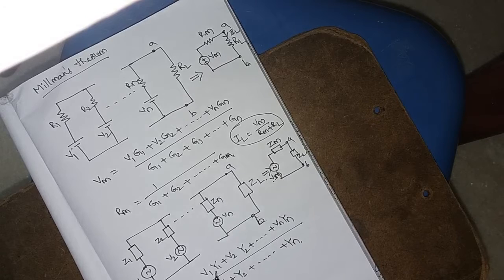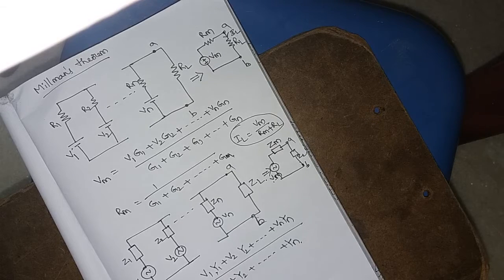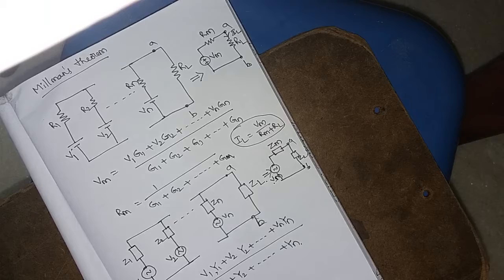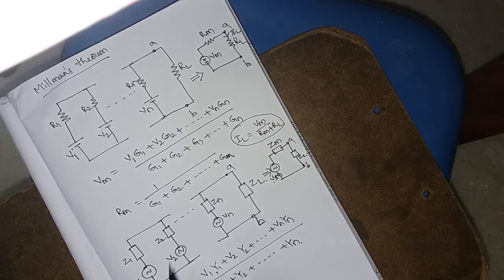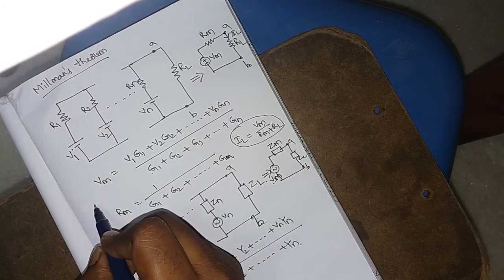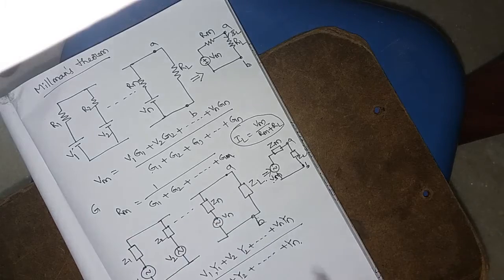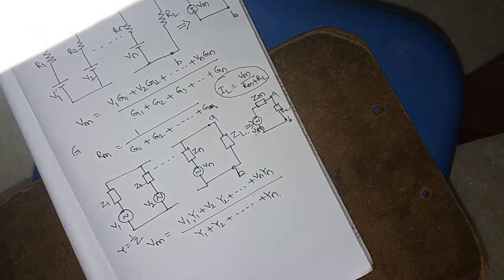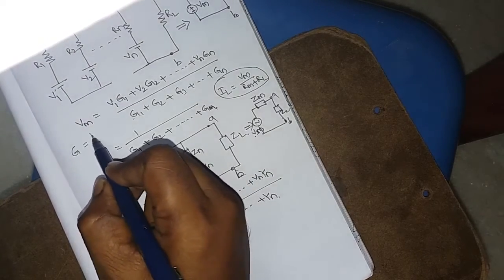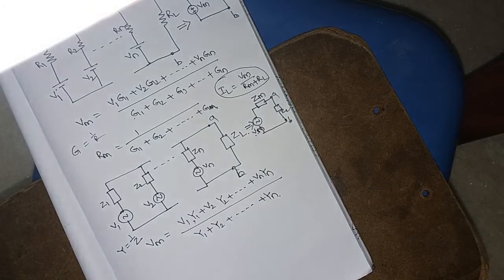Now what is this Y? Y is the admittance. Y is the inverse of the impedance. And similarly, what is G? G is the conductance. Conductance is the inverse of the resistance.